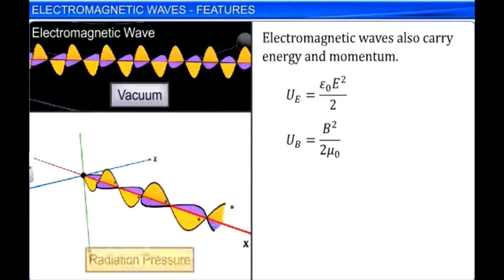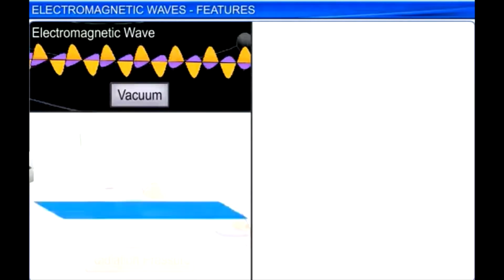If U is the energy transferred to a surface by electromagnetic radiation, c is the velocity of the radiation and P is the momentum exerted by the radiation on the surface, then P is equal to U by c. Here, the momentum P is inversely proportional to the velocity of the radiation c.